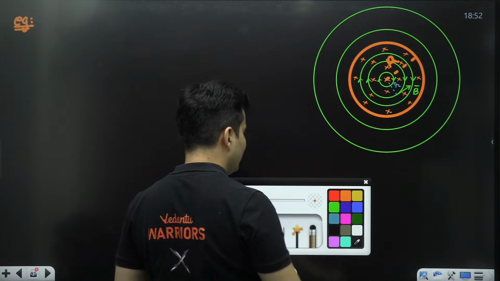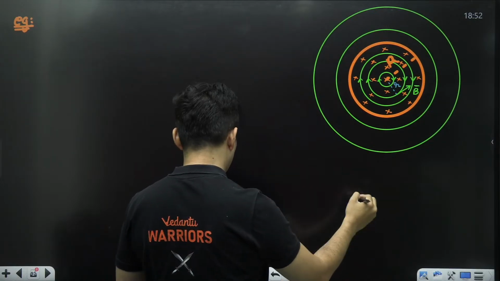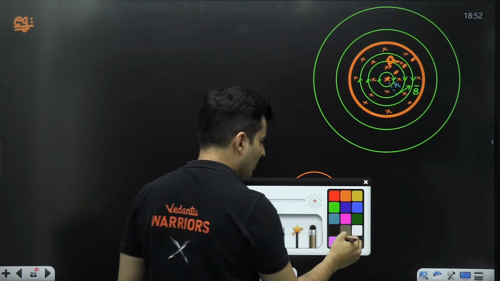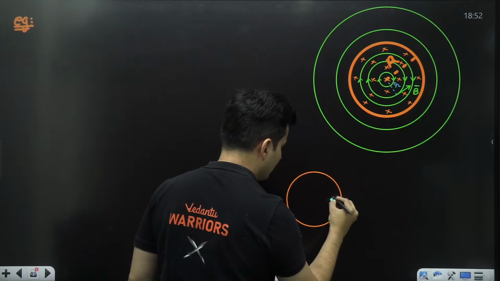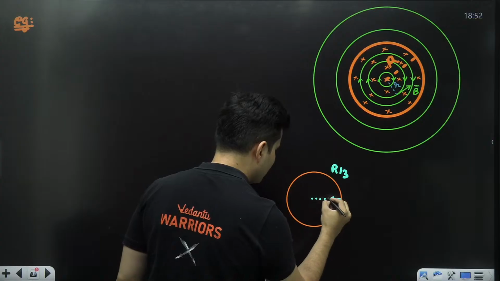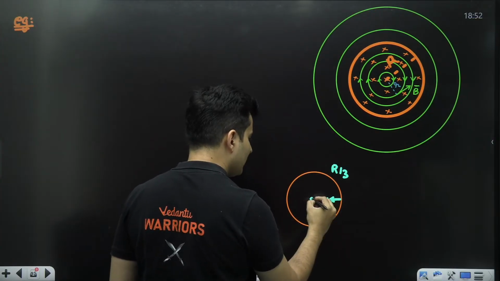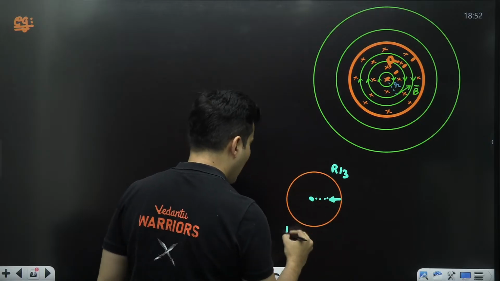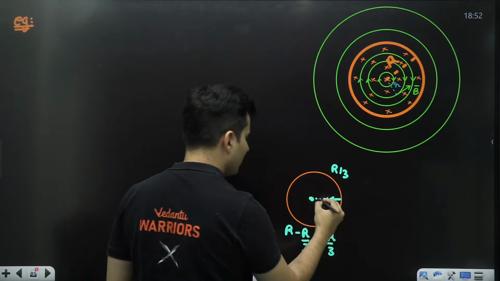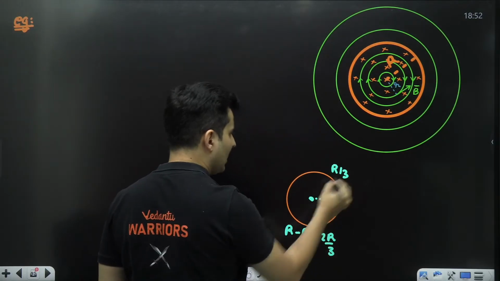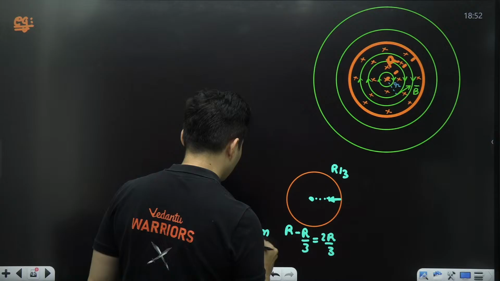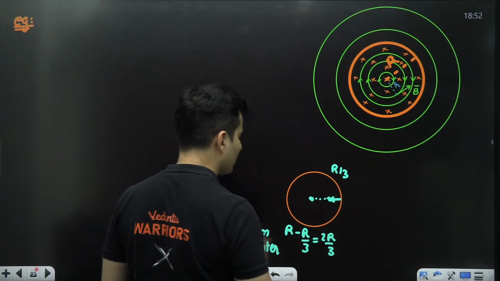Once you are inside, at a distance of R by 3, that means from the center, your distance will be R minus R by 3, which is 2R by 3. Depth is R by 3 from the surface, that means from the center your distance is 2R by 3.